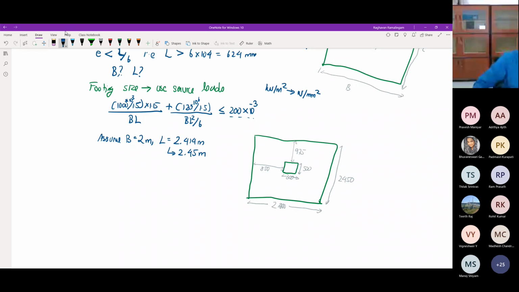Now the next thing is to find the pressure distribution at the base. So this pressure distribution, I'm going to always draw along the longer direction. So if this is 2450, I'll be drawing my pressure distribution along this particular length.